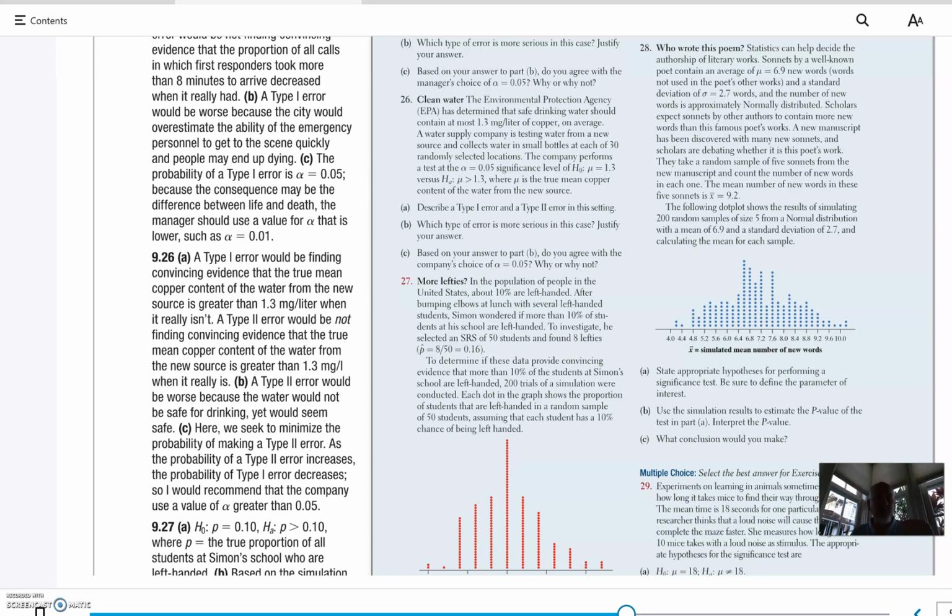The average is above 1.3, and we get a data result of like 1.4, and we go, oh, 1.4, that's not convincing enough, when really people are being poisoned here. So we want to make it very easy to reject the null if the null is false. Let's make alpha as big as possible. Make it 0.1. That's about as big as anybody goes.